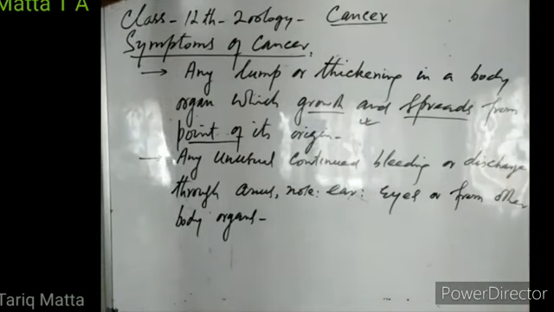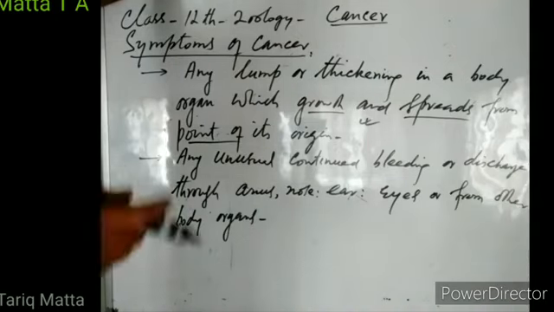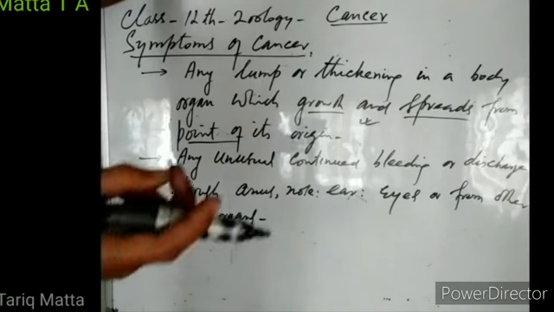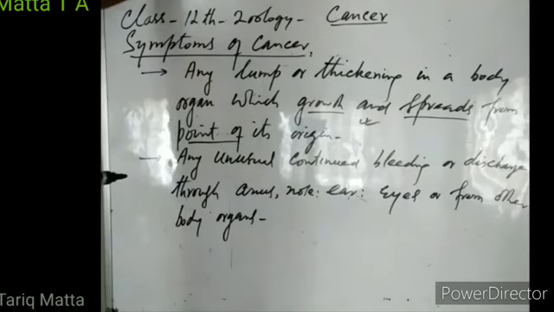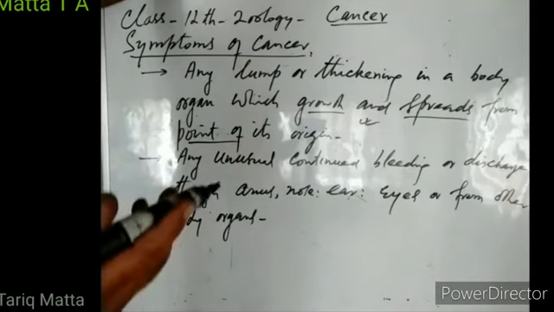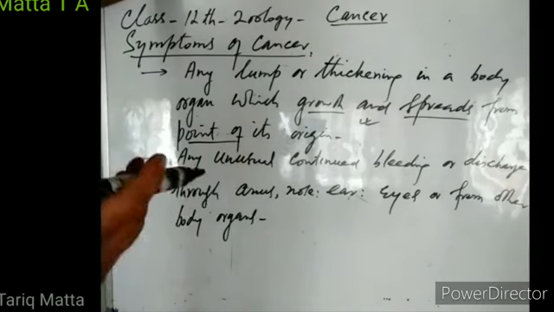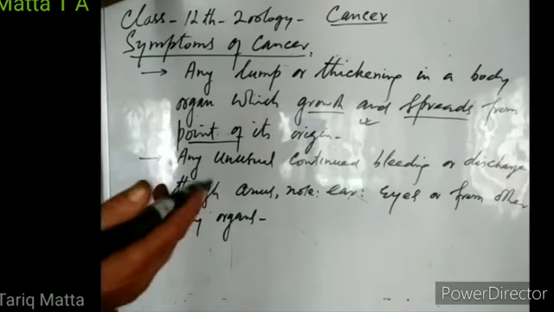If there is any continuous bleeding, either through anus, mouth, nose or ear, right? Sometimes bleeding occurs spontaneously, all of a sudden. That may be because of injury or infection. But if the bleeding continues over a long period of time and it is not stopping, it is recurring again and again, right?